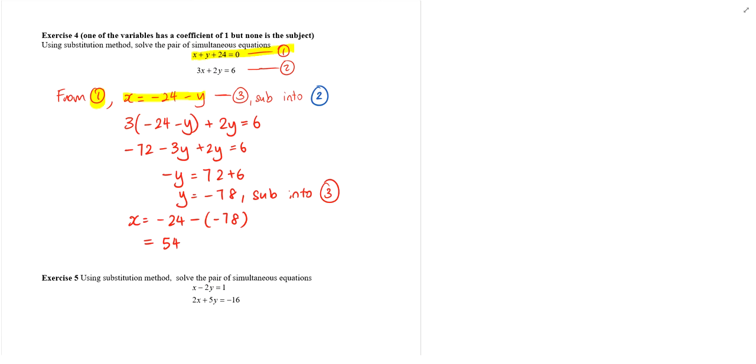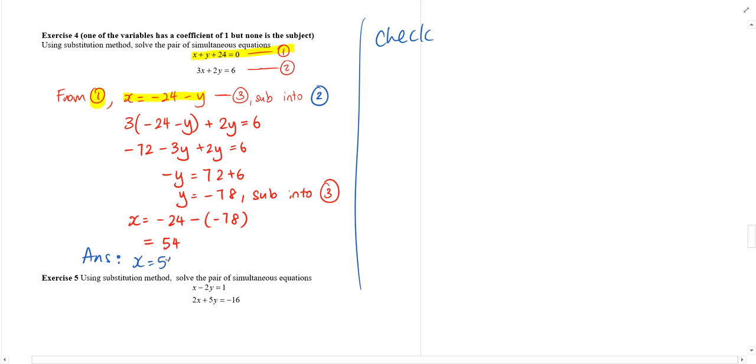Checking at the side. So the answer is x equals to 54, y equals to negative 78. I will substitute my answer back into equation number 1 or equation number 2 just to verify.